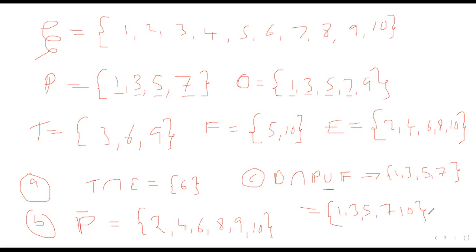All together. So suppose we're being asked to find O intersection E. What does it mean?